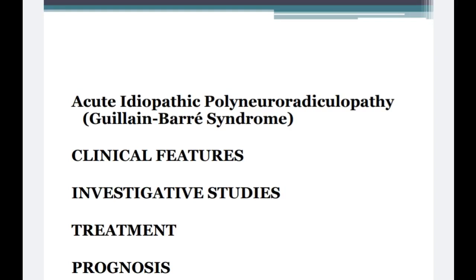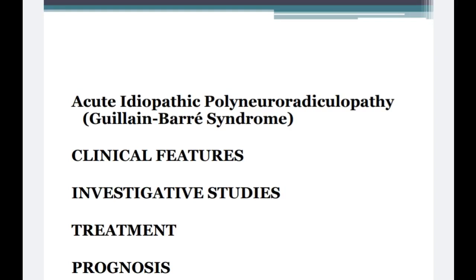Now the famous example of acute inflammatory demyelinating polyneuropathy, which is known as AIDP, is the Guillain-Barré syndrome. It is an acute polyradicular neuropathy that develops 1 to 4 weeks after minor infective illnesses such as respiratory infections or diarrhea, particularly Campylobacter jejuni infection, inoculations or surgical procedure, or may occur without obvious precipitant.